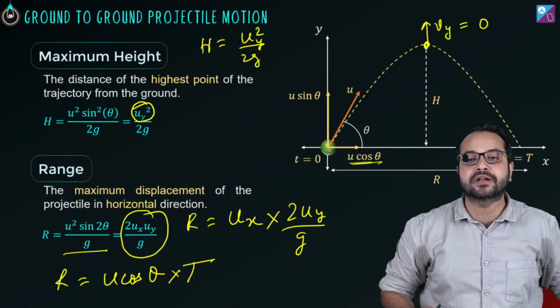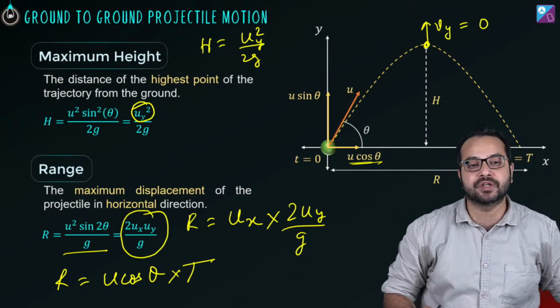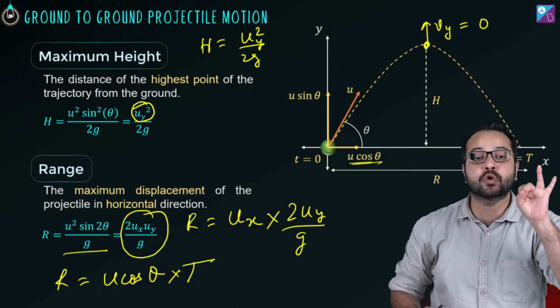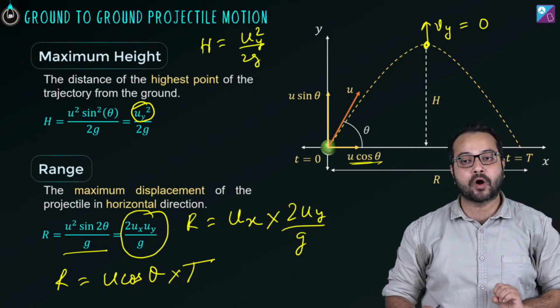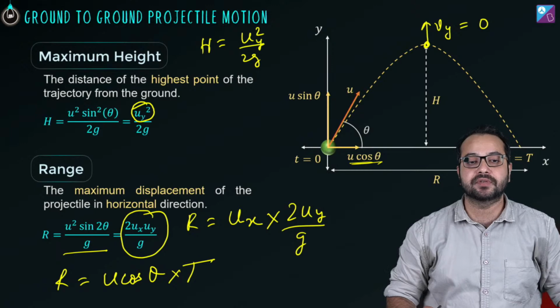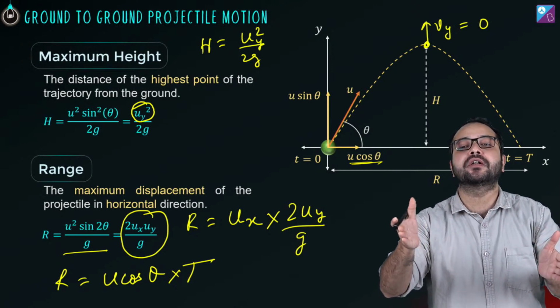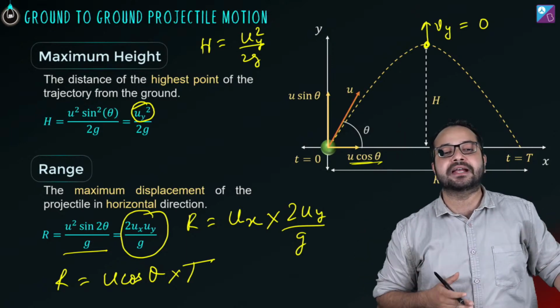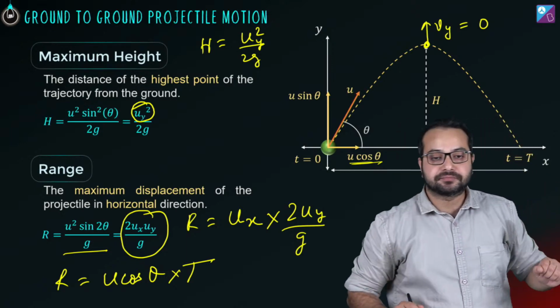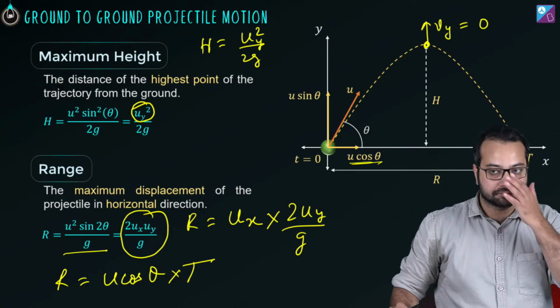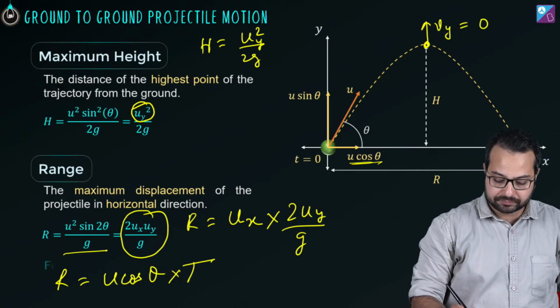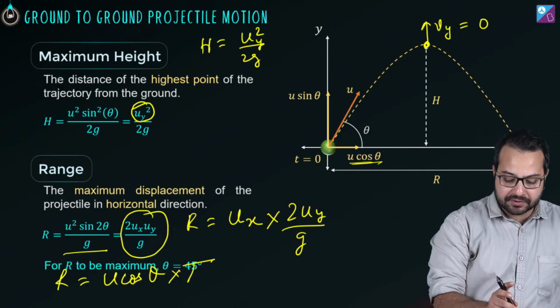What is maximum height reached? When the vertical velocity becomes 0. So the maximum height reached is also only dependent upon the vertical velocity. Is that correct? What is range? The displacement in the horizontal direction, or the displacement in the x direction. Correct? Clear? Okay. So all these things are clear.